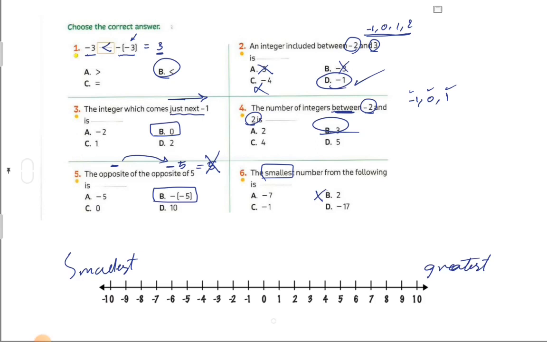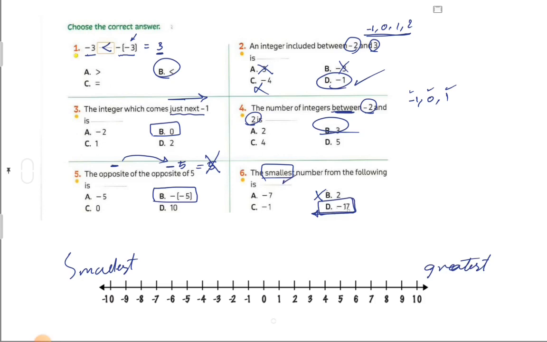It will be a negative integer: negative 1, negative 7, or negative 17. Negative 17 is to the left of all these integers, so negative 17 is the smallest number.